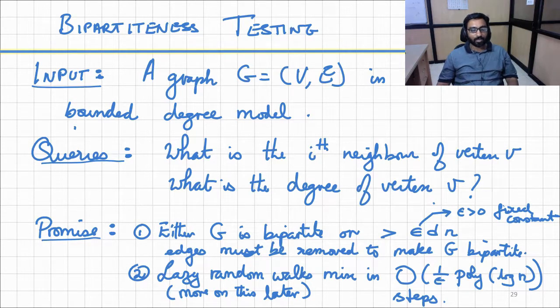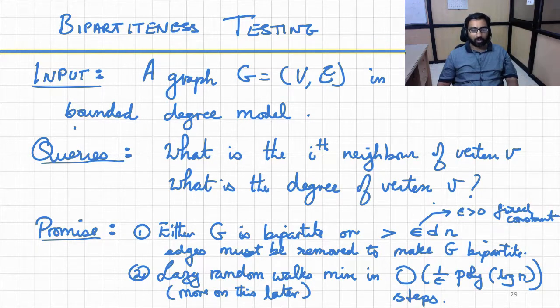The second promise that we have is that the lazy random walks mix quickly in this graph. In particular, the promise is that a lazy random walk, as we described just a little while ago, will mix within O of 1 over epsilon polylog n number of steps.